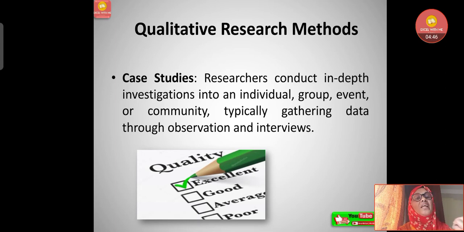They can conduct in-depth investigations into an individual, a group, an event or a community. Typically, they will gather data by observing and then interviewing the persons about whatever details they want to know.